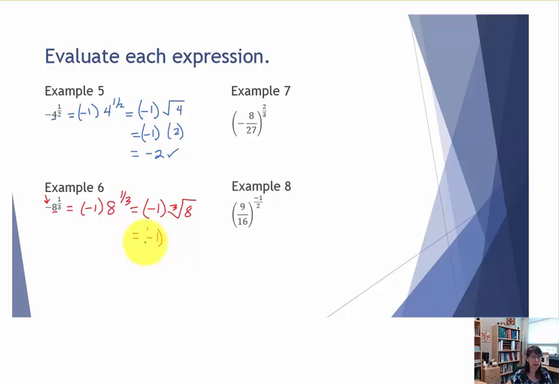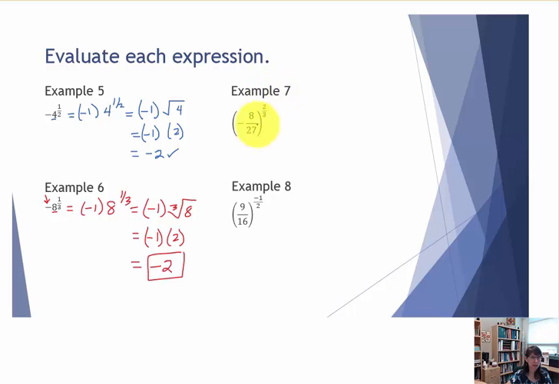So negative 1 is multiplied by 2. So we know the cube root of 8 is 2 from the previous problems we just worked. The final product then is negative 2. So it is possible to have some answers that are negative, and that's because the negative was written out in front of the base.